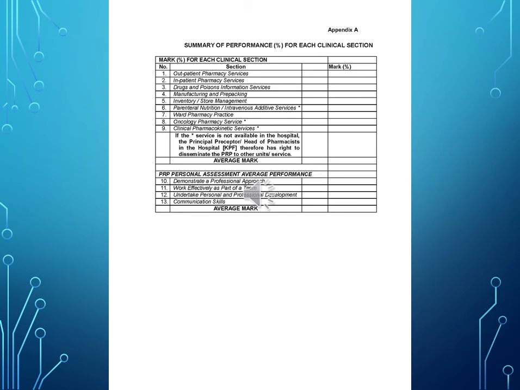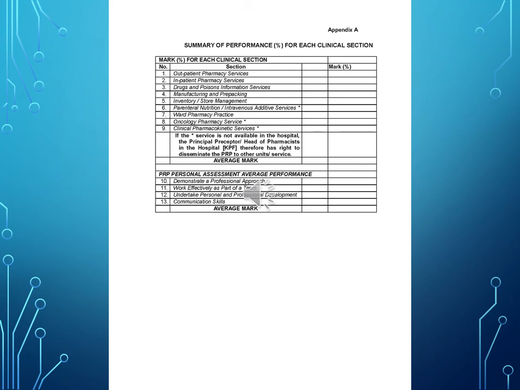Inventory/store management. 6. Parenteral nutrition/intravenous additive services*. 7. Ward pharmacy practice. 8. Oncology pharmacy service*. 9. Clinical pharmacokinetic services*. If the service is not available in the hospital, the principal preceptor/head of pharmacists in the hospital therefore has the right to disseminate the PRP to other units/services.